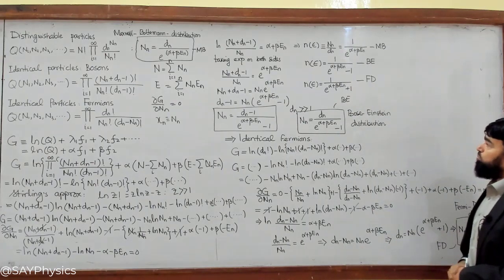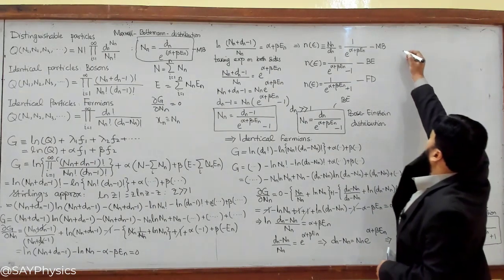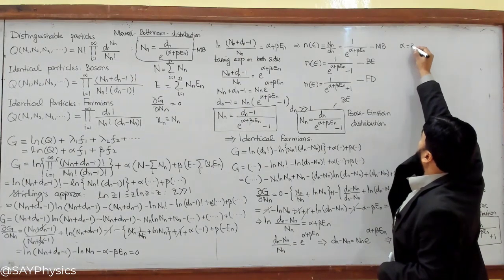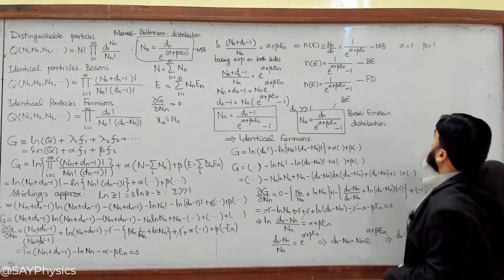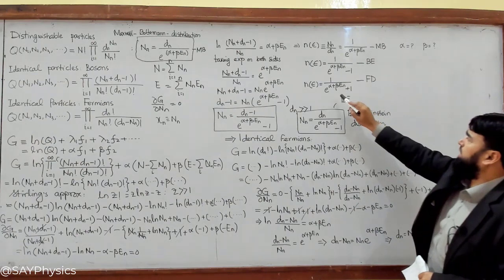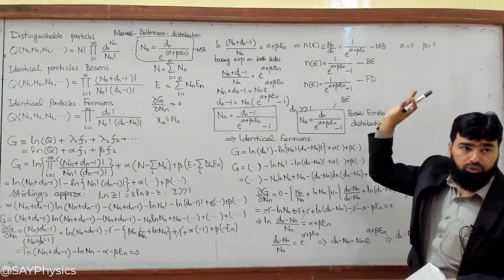Now we will point out what our constants are. We have used one constant, the Lagrange multiplier, which is alpha, and the other constant is beta. Now look here, what will these constants be? Let me explain the very first one. If I explain it here or here, they are the same thing.